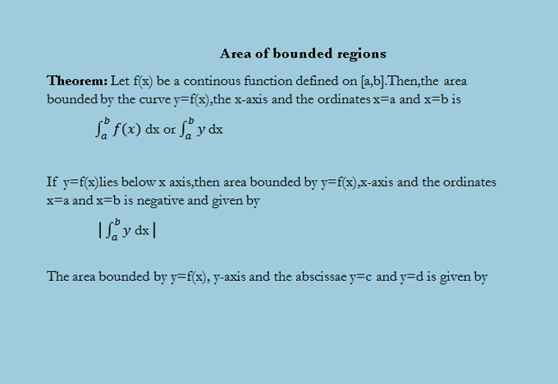Similarly, if the curve lies on the right of the y-axis, the area bounded by the curve x equal to f(y), the y-axis and the abscissas y equal to c and y equal to d is given as the integral of f(y) with respect to y from c to d, or the integral of x with respect to y from c to d, where we have replaced f(y) by x.